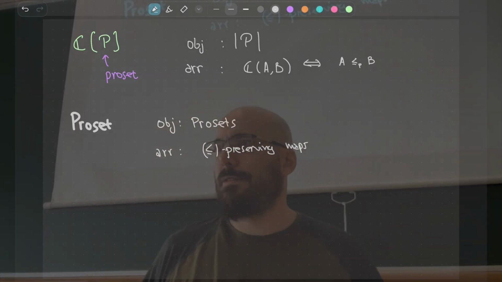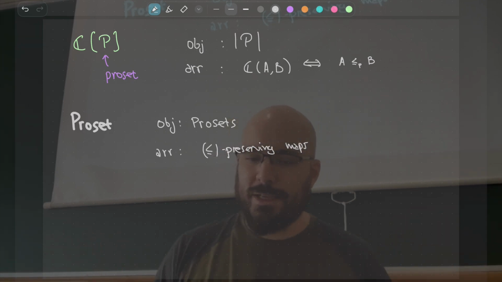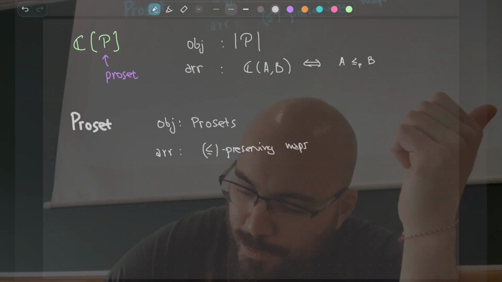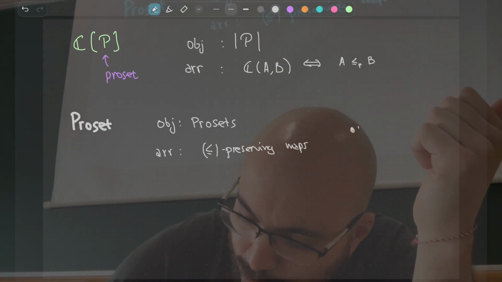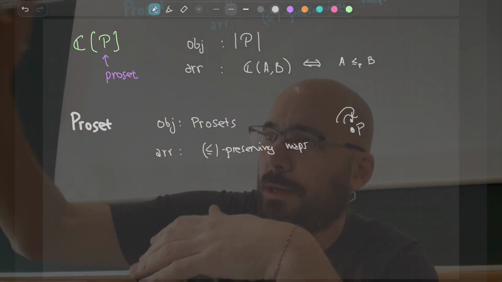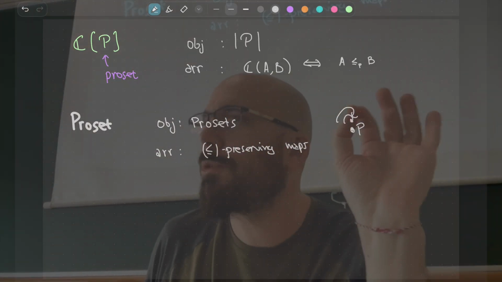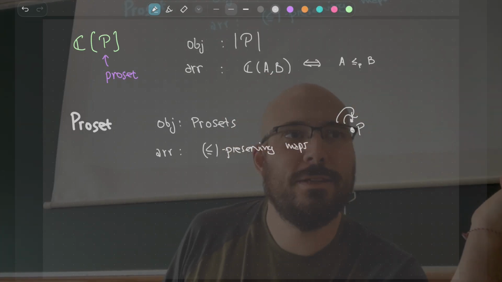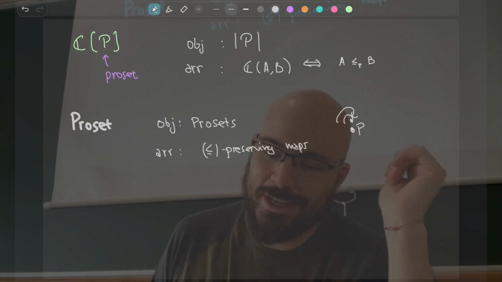Am I done? Maybe. I'm not done actually. I need to say for any proset, for all possible order preserving maps, endomaps, I need to select which will be the identity. Which one do you think will be the identity? Yes, the identity, okay?